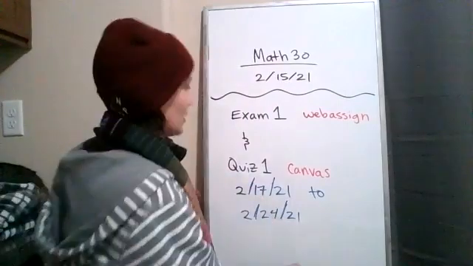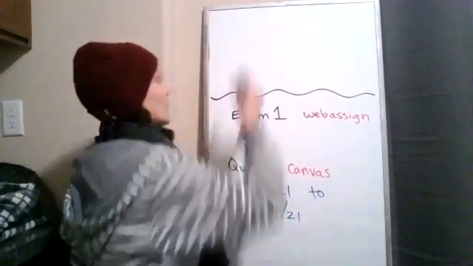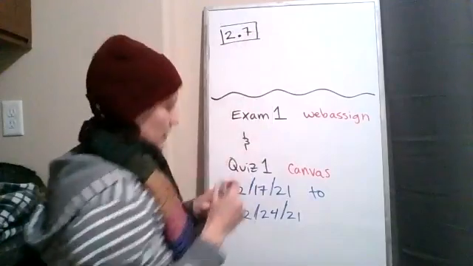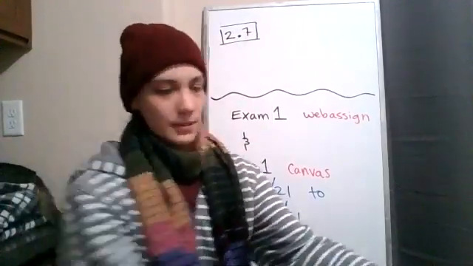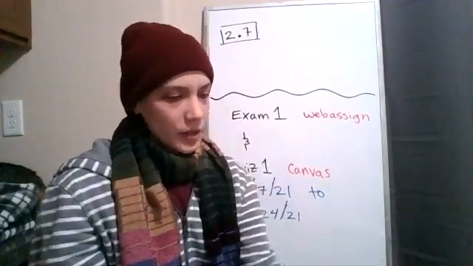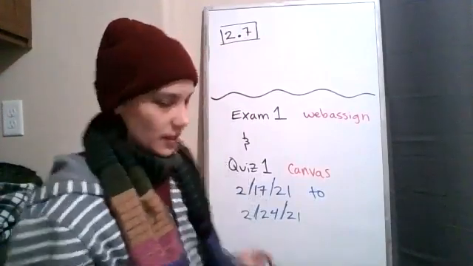2.7 notes. So let's see. So probably a little bit we can put in from last time. We had a definition for the slope of the tangent line.